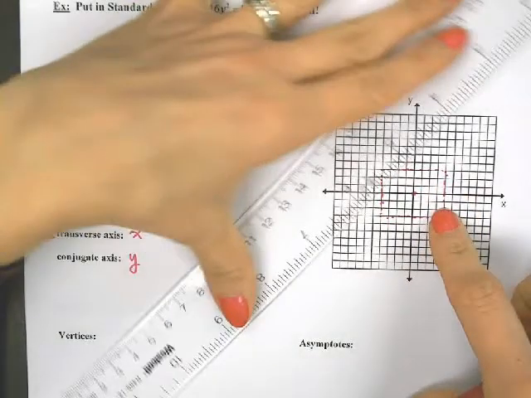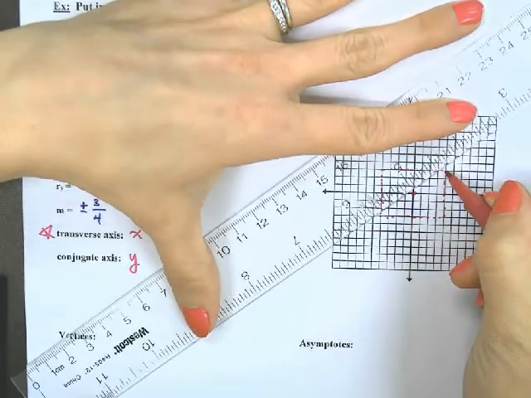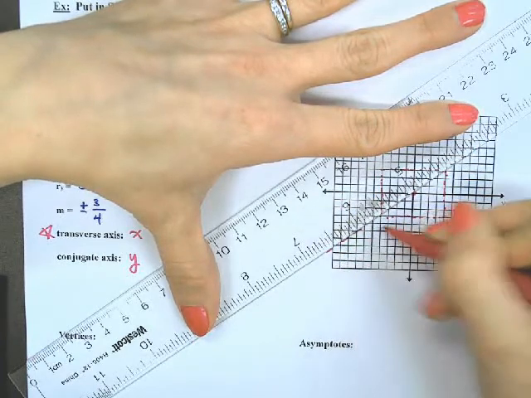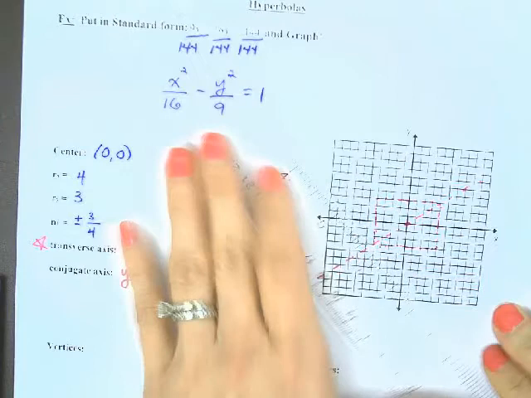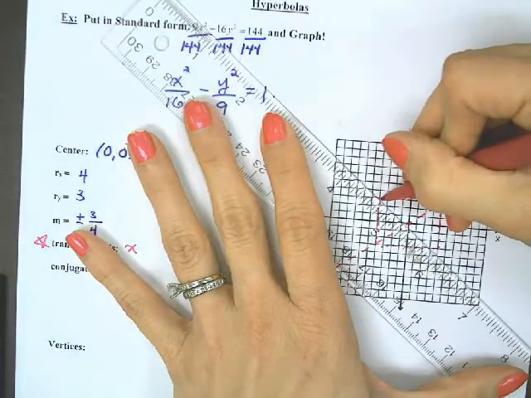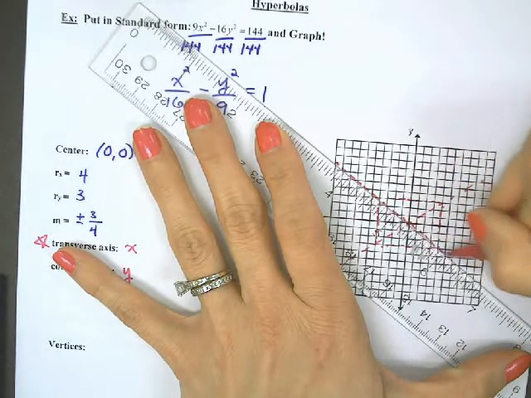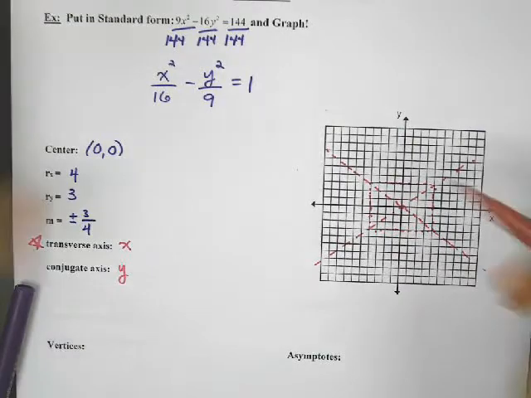After you get your rectangle, you use that to draw your asymptotes. So let's go through the corner, through the center, through the corner. So here's the first asymptote. And then let's draw the downhill asymptote right here. Downhill asymptote. Now what are we doing with those asymptotes?